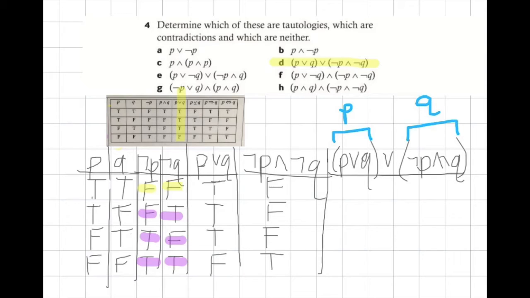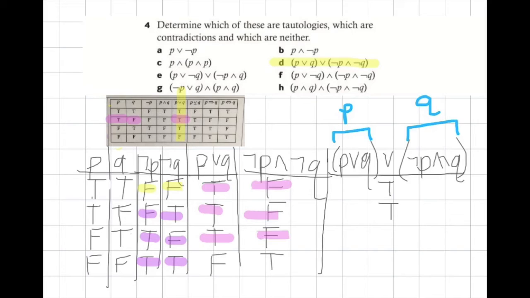Okay, so my first one is true, false. So if I have a true, false, that's true. And then I have a true, false again, so that's true.